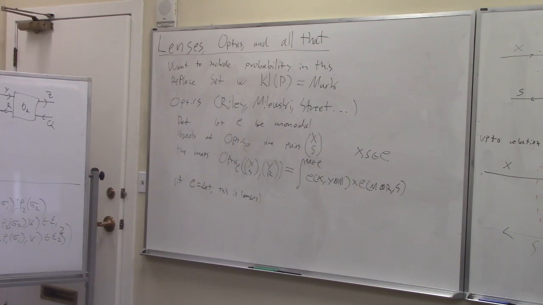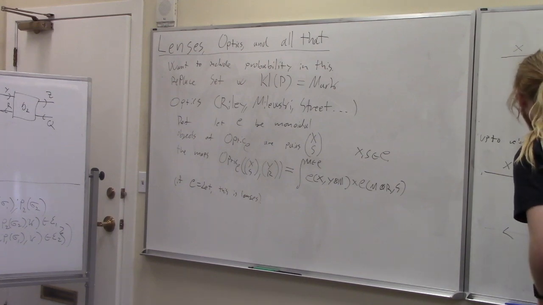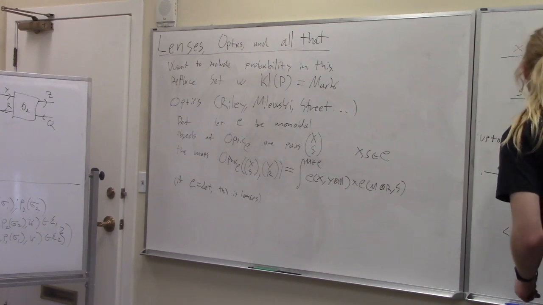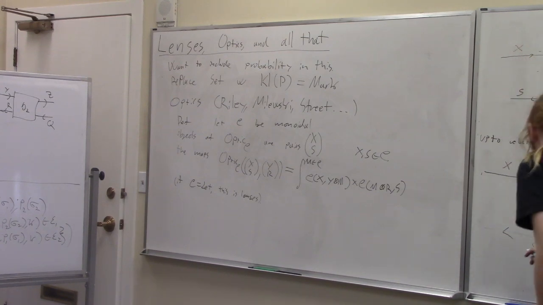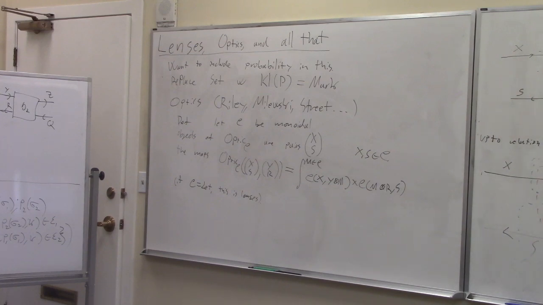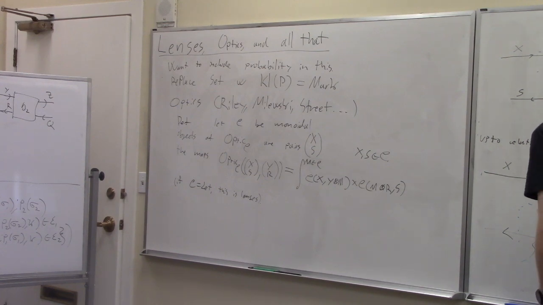Or I can say that the blue box is a map from X to Y tensor N, and this blue box is a map from N tensor R to S, and that's also an optic. Those two give optics, and the blue is equivalent to the orange.